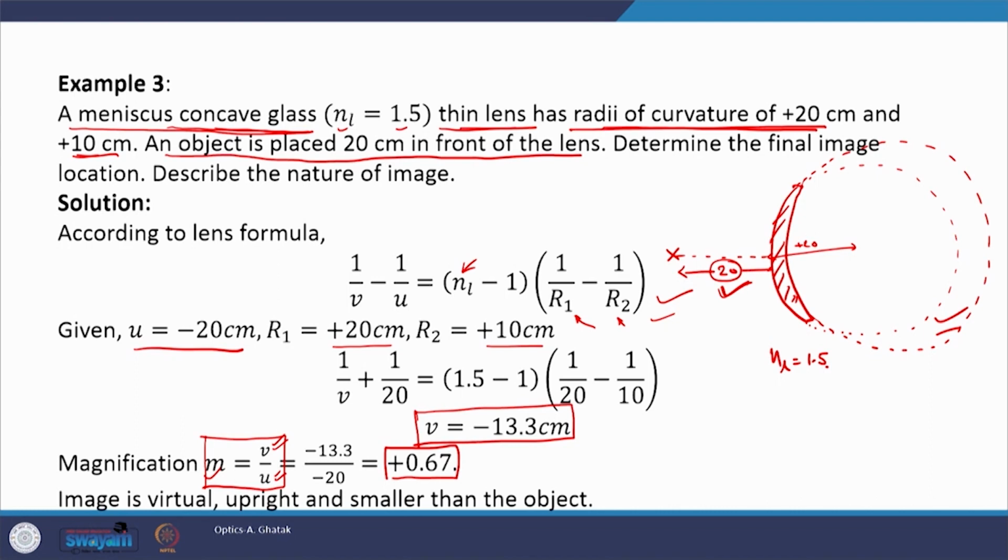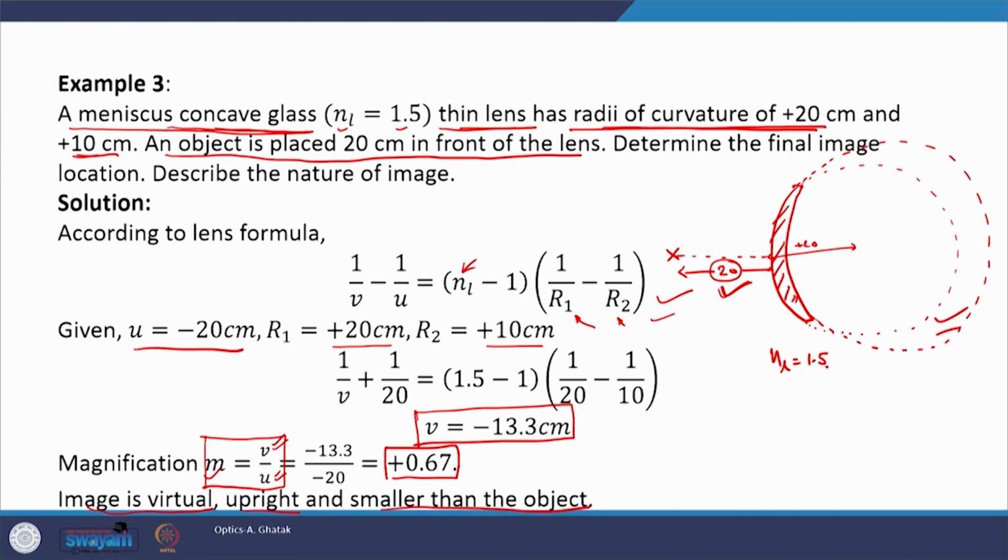The second information we can draw from the value of magnification is that the image is smaller than the object, because m is less than 1. We know that magnification is the ratio between the height of image and object. Therefore, the image will be smaller than that of the object, and these points are written here. Image is virtual, upright, and smaller than the object.